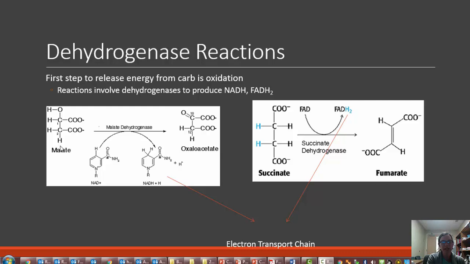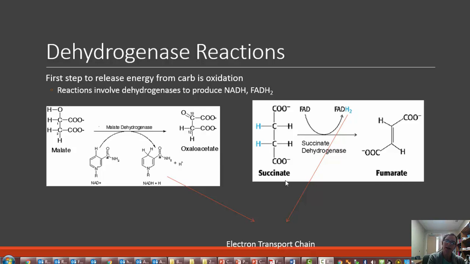In that way, not only are we donating hydrogen, we're also donating an electron onto this NADH, hence why it's called an electron carrier. So a dehydrogenase enzyme takes hydrogen from our substrate and puts it on this electron carrier. And then we're left in this stage with oxaloacetate, which we can see has fewer hydrogens. And then this NADH is going to go to the electron transport chain.